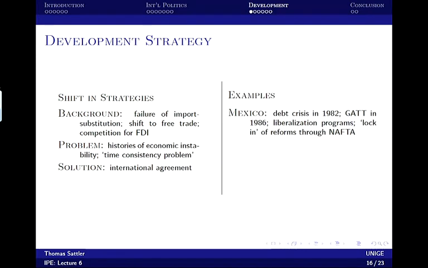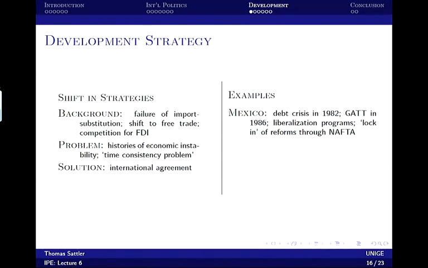So here's an example of such a shift in the development strategy. Mexico faced a debt crisis in 1982, and it was partially linked to the strategy of import substitution. It faced a debt crisis because the Mexican government was accumulating a lot of debt from foreign investors, and they could not repay it.